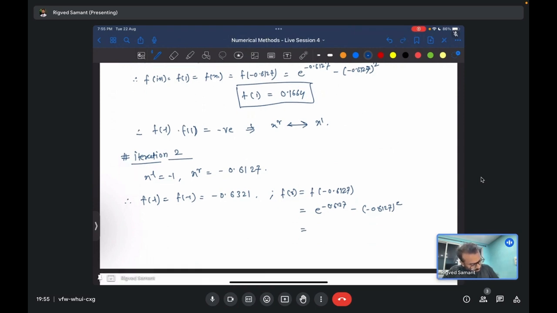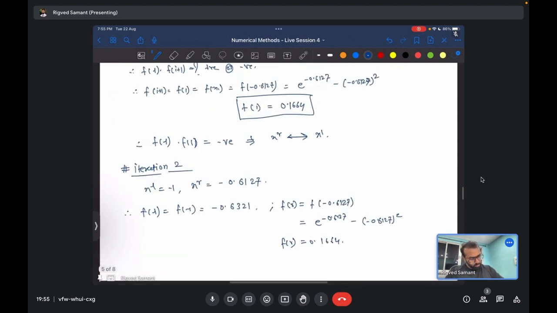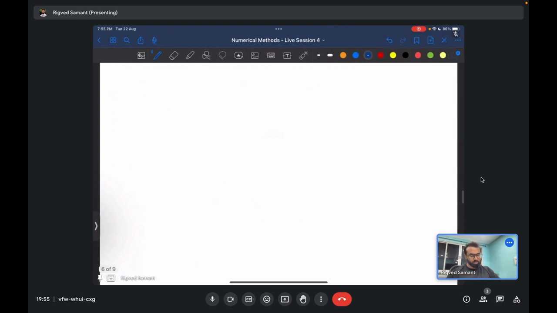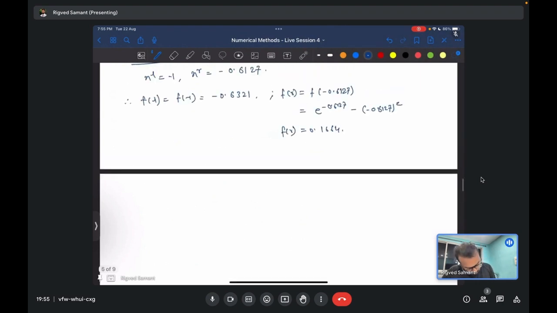So it is equal to 0.1664, fR. Okay. Therefore, you have fL, you have fR. So now you can find out x2.